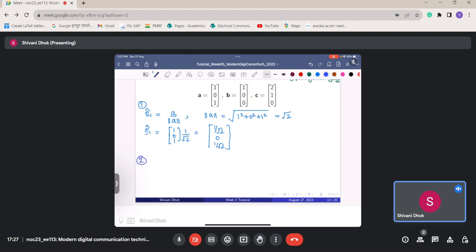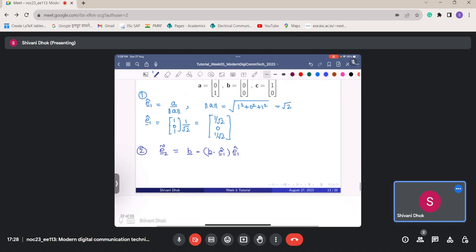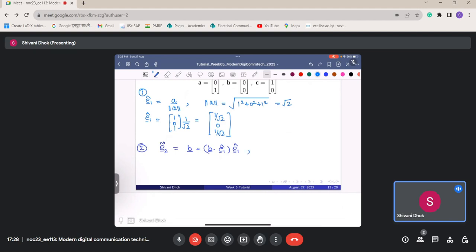First we construct an intermediate vector, let's say E2 tilde, and this E2 tilde is given by B minus the dot product of B and E1 hat multiplied by E1 hat.